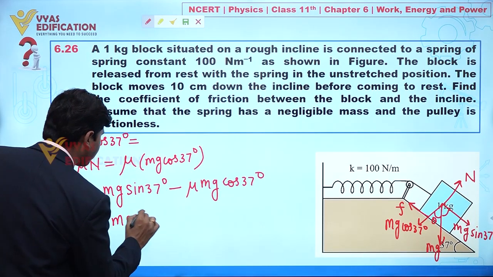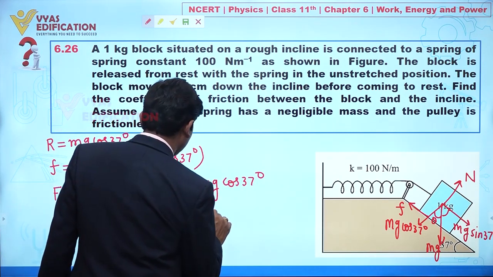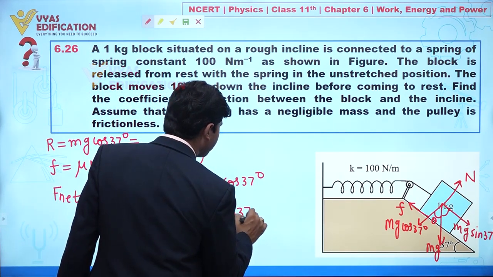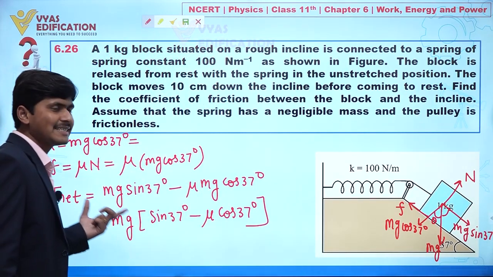Taking mg common, this is mg times sine 37 minus mu cos 37. This is the net force.